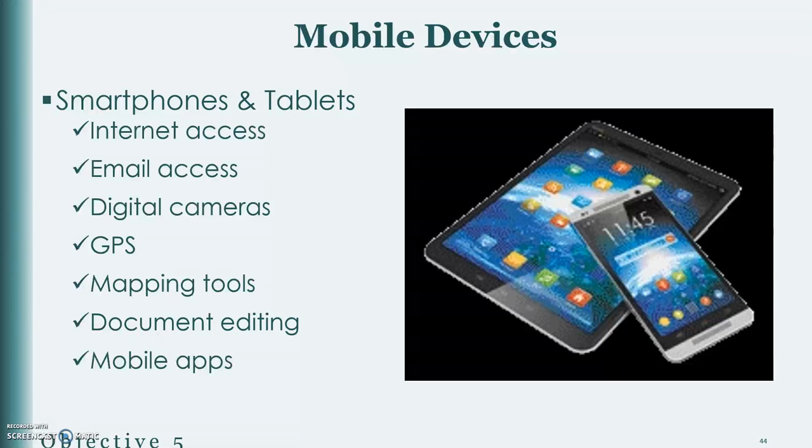Okay, so basically it's a little computer in your pocket. By 2018, so next year, eMarketer estimates that over 1/3 of consumers worldwide, or more than 2.56 billion people, will own a smartphone. That's a lot of smartphones.